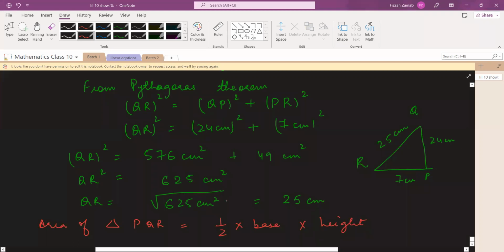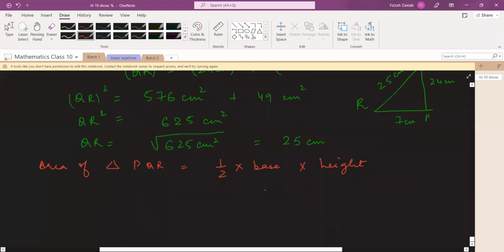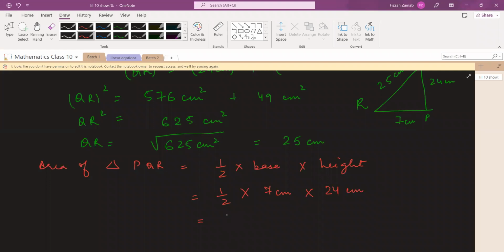This is half into base is how much? 7 centimeter, and height is 24 centimeter, correct? So the 2 will cancel 12 times, and then 12 into 7 is 84, right? So 84 centimeters square is the area of the triangle.